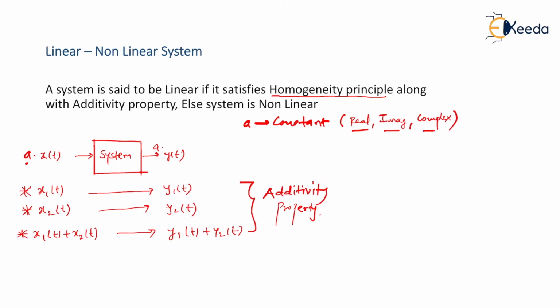Now this is very important. Else the system is non-linear means there are some systems which follow the additivity property but don't support the homogeneity principle. Even in that case, a system is said to be non-linear. So for a system to be linear, both the properties should be satisfied, right?